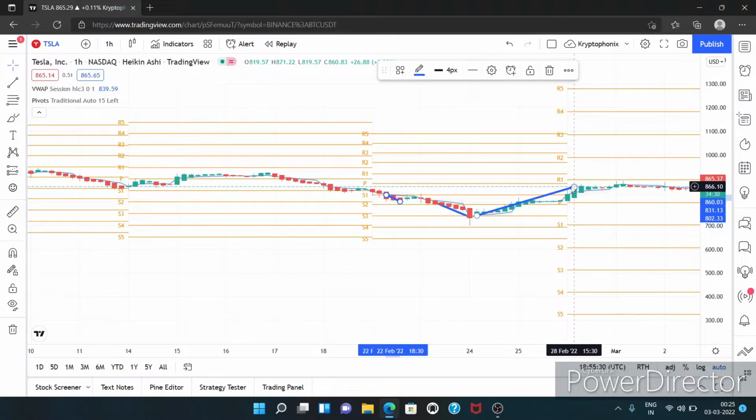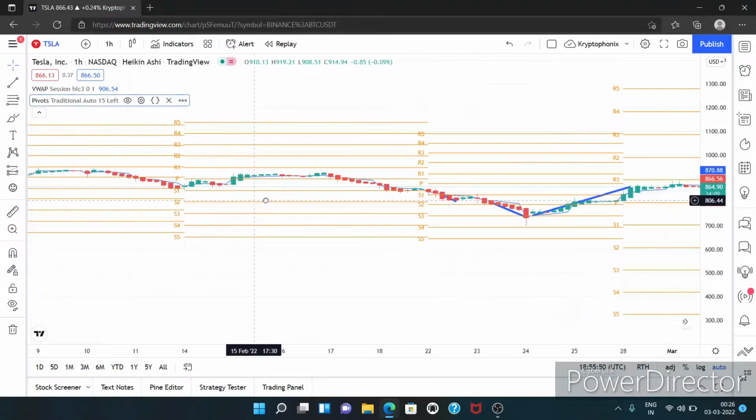Even the high was 870. Okay. Furthermore, backtracking, this is a no trade point as the price is trading below the VWAP but is near to its support level. And as the support is not broken, it is not a signal to buy or sell.